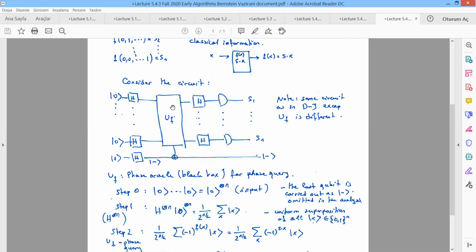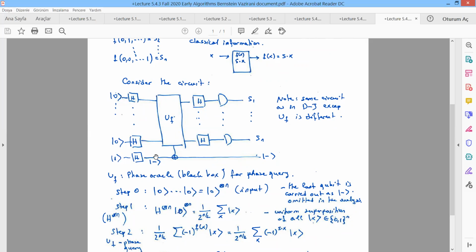Now over here, as we said, U sub f is a phase oracle. It's a black box for phase query. We say it's a phase query because the result of the function comes in the phase. At step 0, we have in the input ket 0 tensored n times.